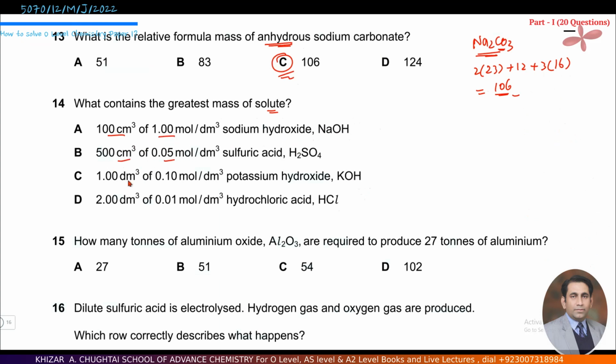First of all, I'm going to use this data, volume and concentration, to find the number of moles by multiplication and division by a thousand. If the volume is in cm cubed, multiply it with the concentration in mole per dm cubed and divide by 1000. I'm supposed to calculate the moles of NaOH.